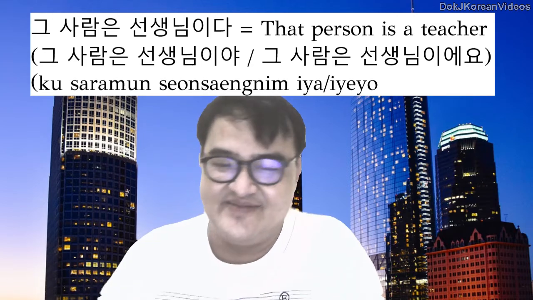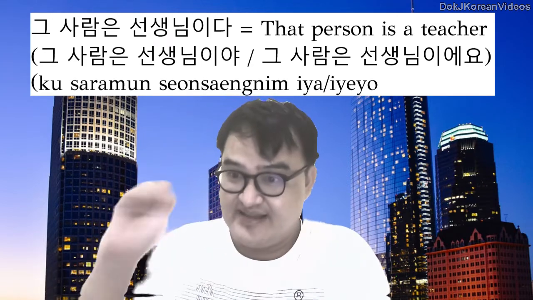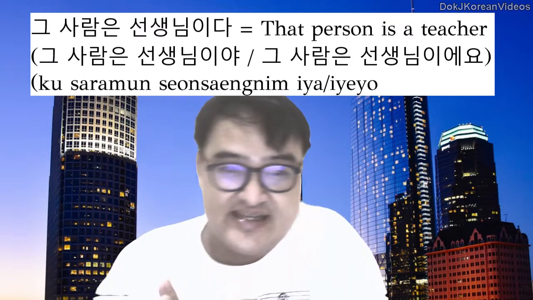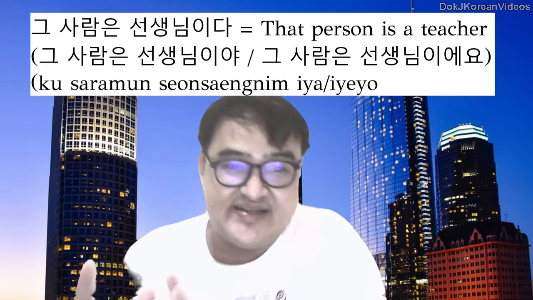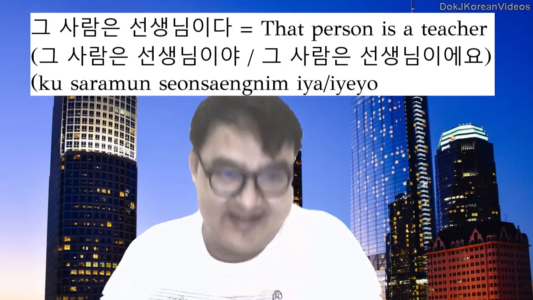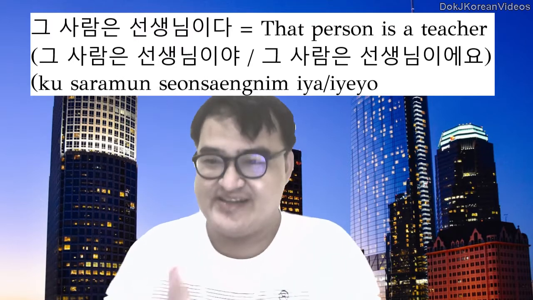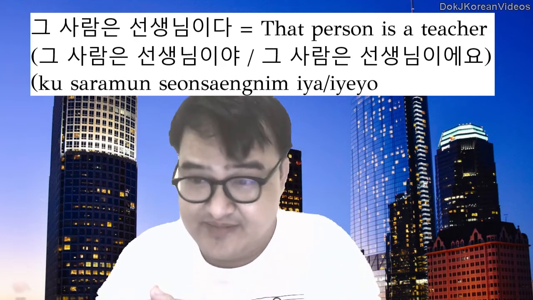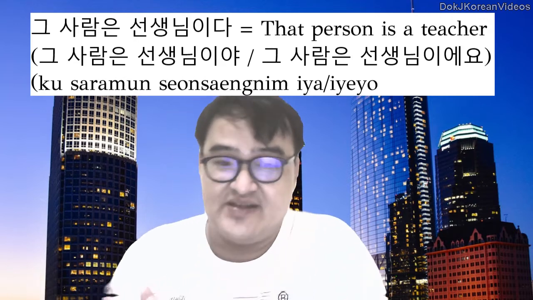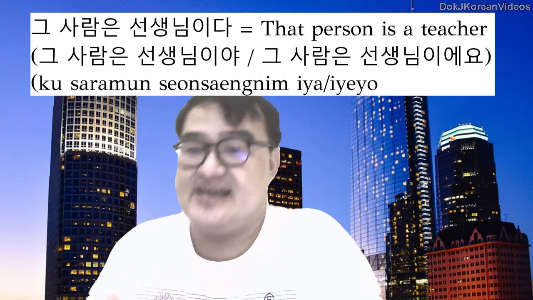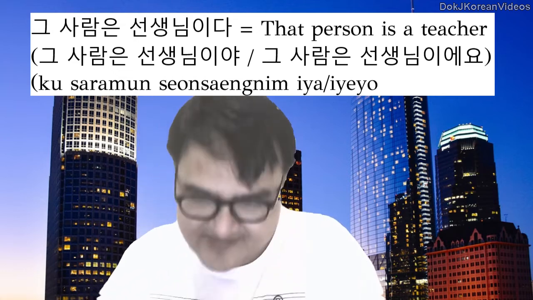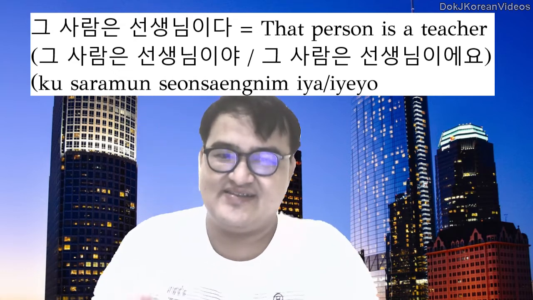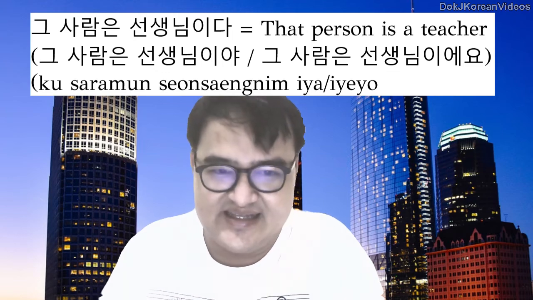This is the written form. In slang form, we say ku saramun, 선생님이야. This is for when you talk with friends. But if you talk with older people or people you respect, we say ku saramun, 선생님이에요. This is how we make sentences.